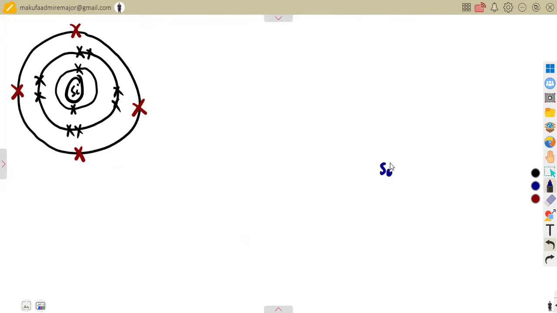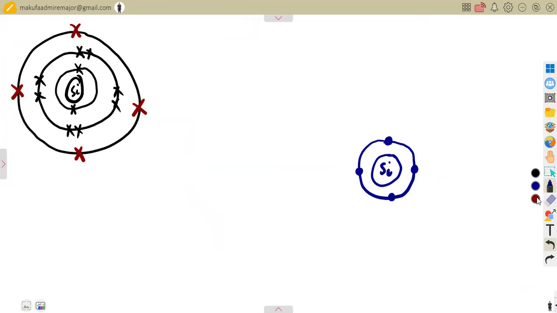So take an example that you have your silicon. We saw that in the outer shell we have 4 electrons like this.